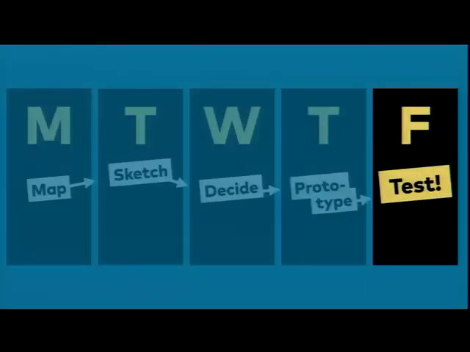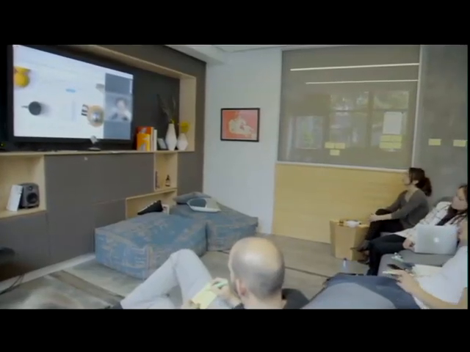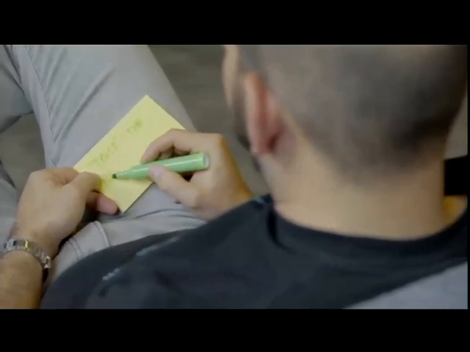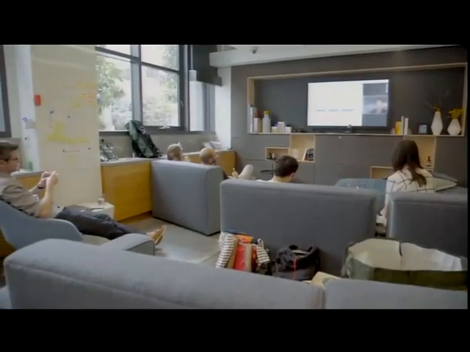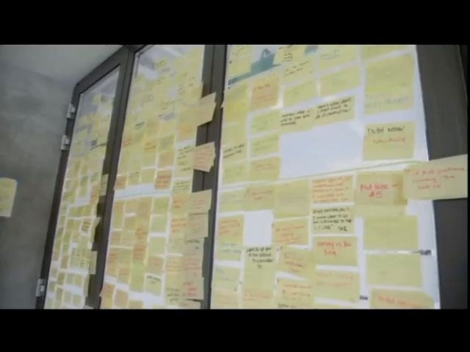Finally, on Friday, you'll test your prototypes in 5 one-on-one customer interviews. You'll find obvious patterns. Some solutions will work, but some won't. Either way, you'll have clarity about what to do next and a great start on that big challenge.